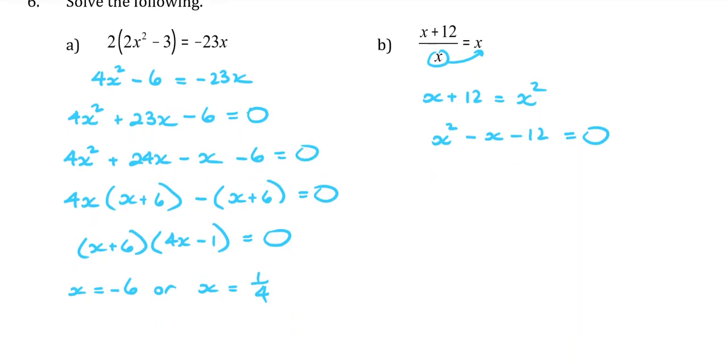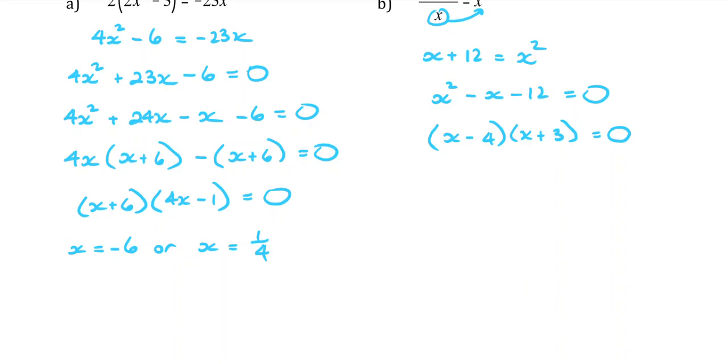So what times to give -12 and adds to give -1? That would be a -4 and a +3. So using null factor, I would get x is equal to 4 from the first bracket and x is equal to -3 from the second.